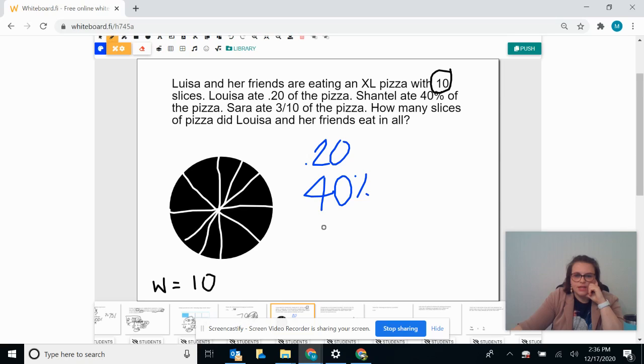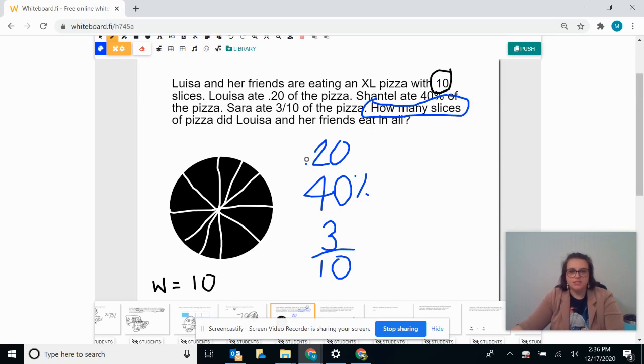And Sarah ate 3/10 of the pizza. All right. How many slices of pizza did Louisa and her friends eat in all?